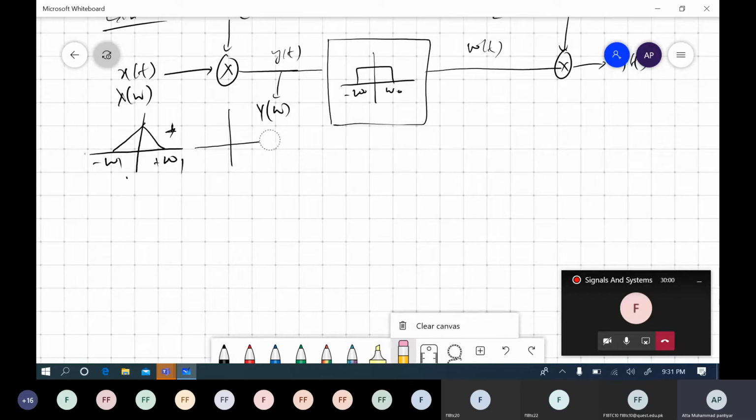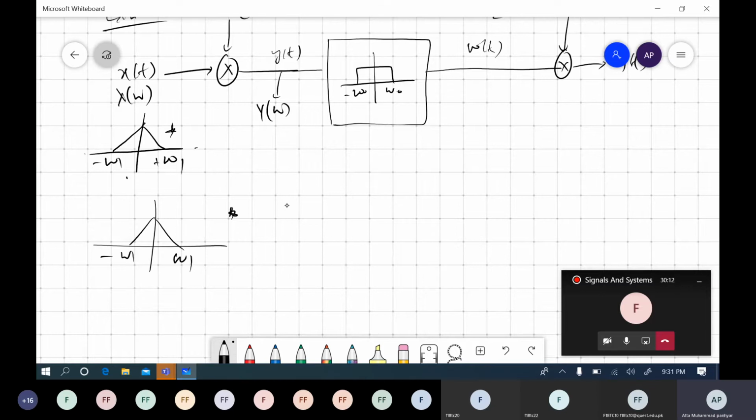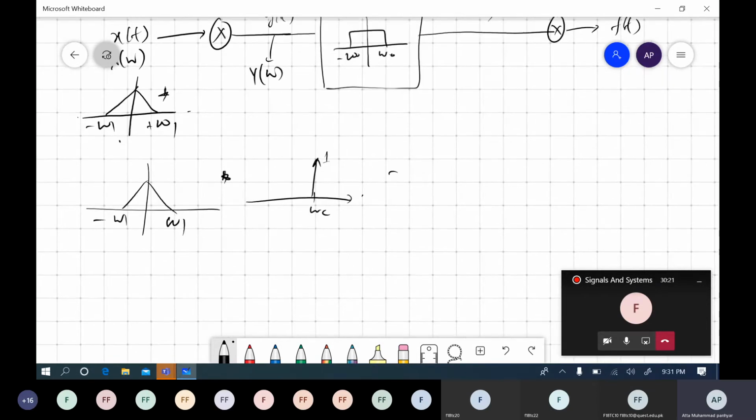So when you convolve this signal with this signal, the resultant must be equal to this signal, now shifted from 0 to omega c. Its origin must be shifted because it's multiplied with a shifted impulse.